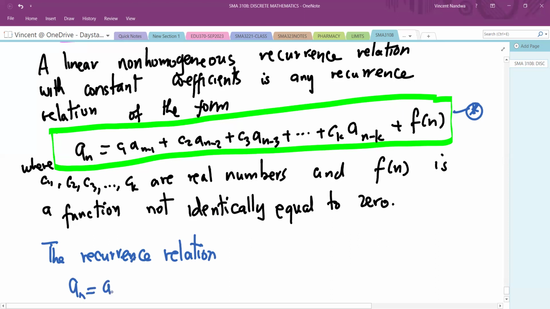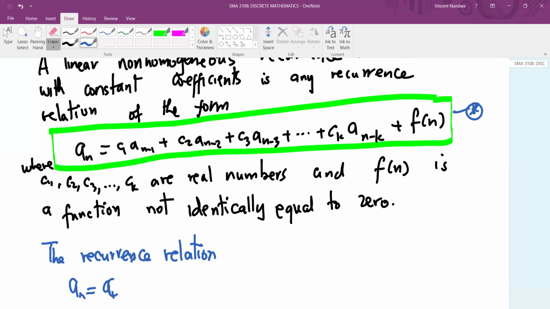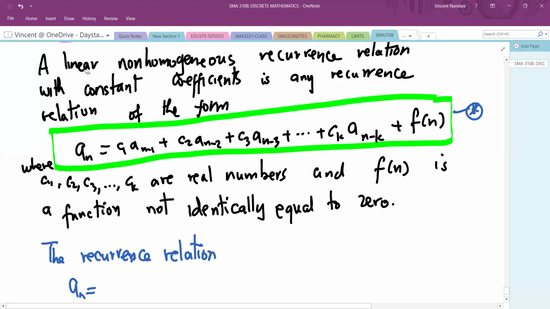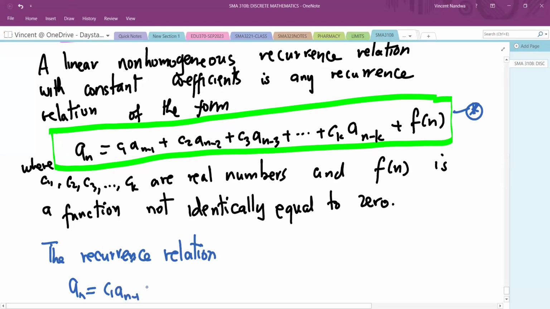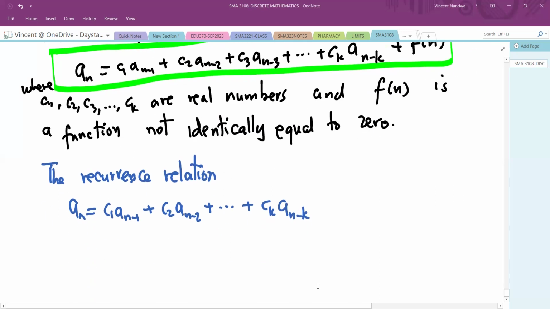The equation a_n = c_1 a_{n-1} + c_2 a_{n-2} up to plus c_k a_{n-k} is called the associated homogeneous recurrence relation with respect to equation star.